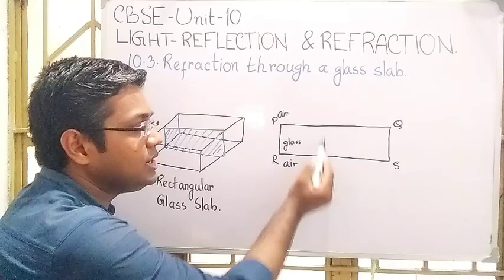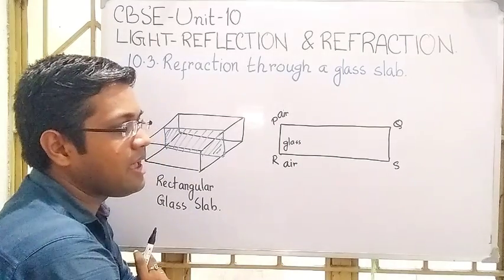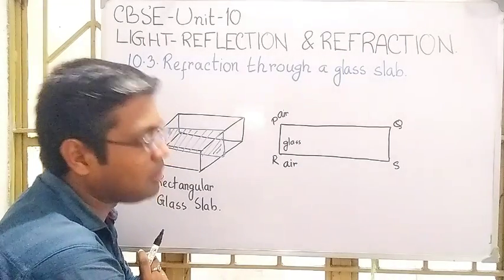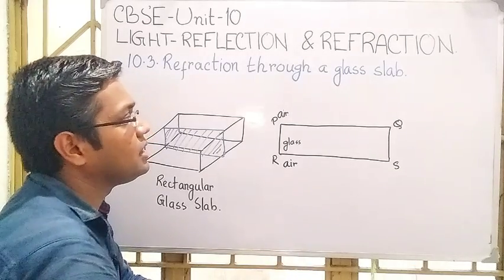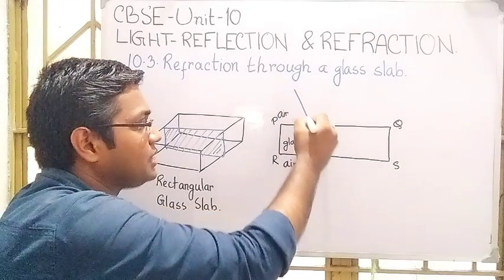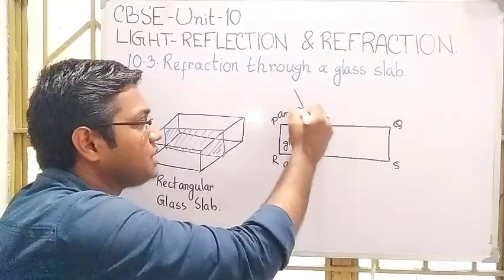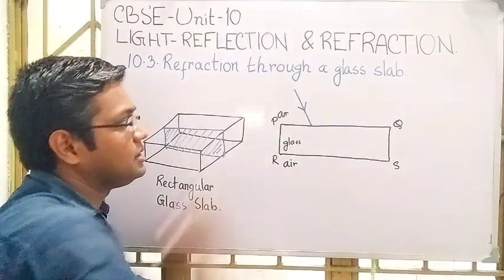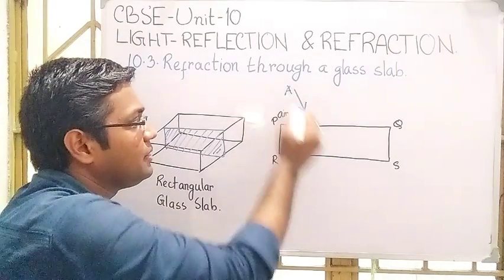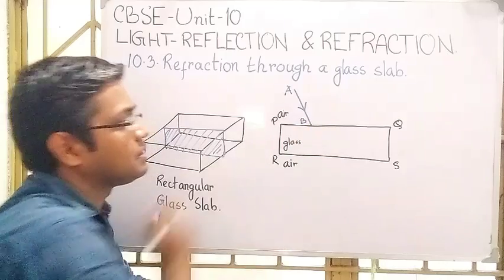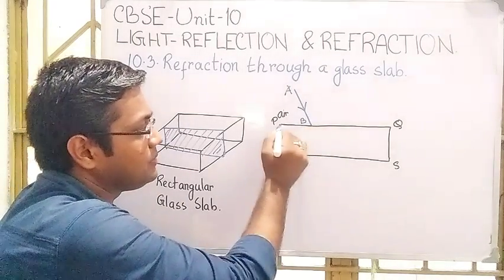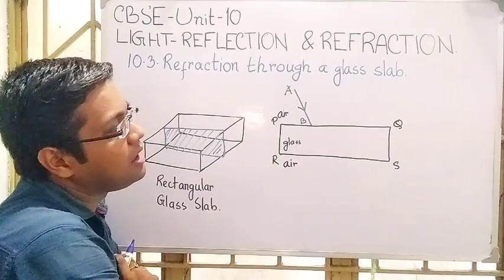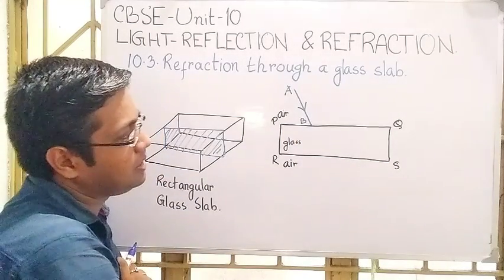At these two interfaces the refraction will occur. Consider a light ray AB that strikes the interface PQ at the point B.